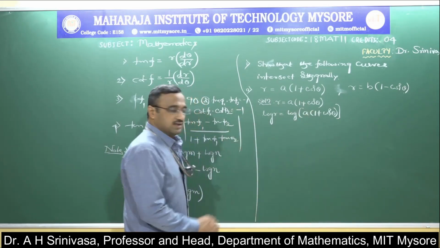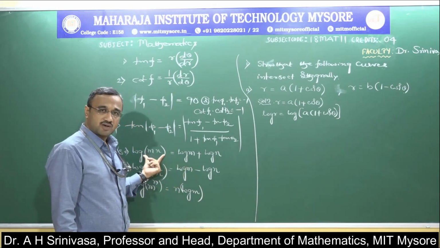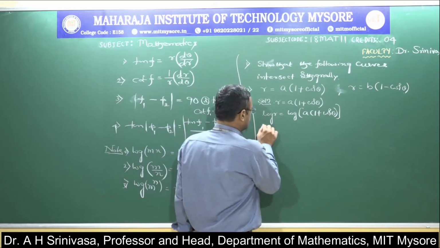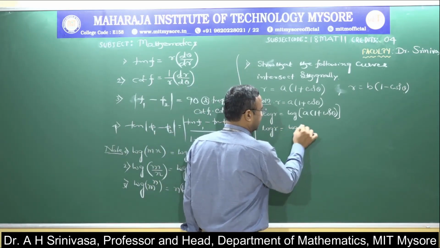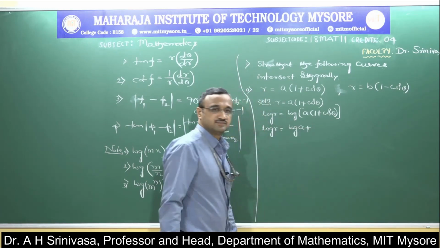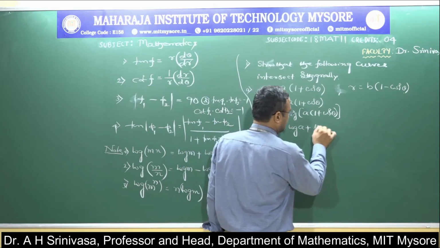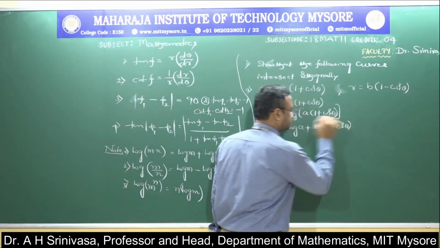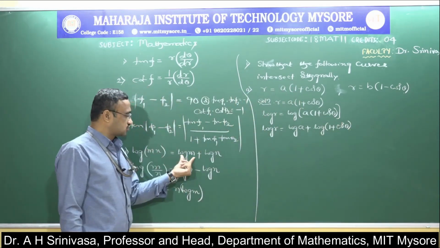Now use the properties of logarithms. If a product is there, you make it a sum of two terms. So log r is equal to log a plus log of (1 plus cos theta). You see here, m into n reduces to log m plus log n.